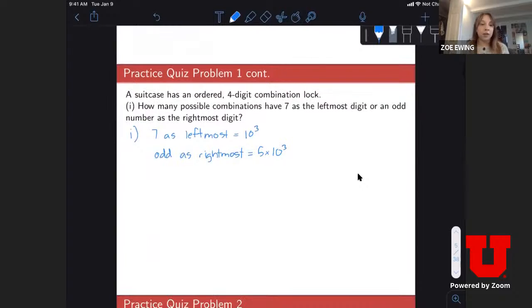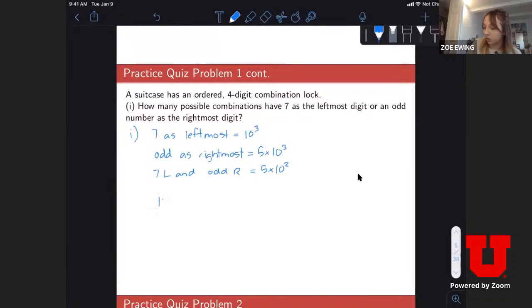All right, and then what else do we need here? What are we missing? Yeah, exactly. We need to subtract that 7 is leftmost and odd is rightmost, which is 5 times 10 squared.